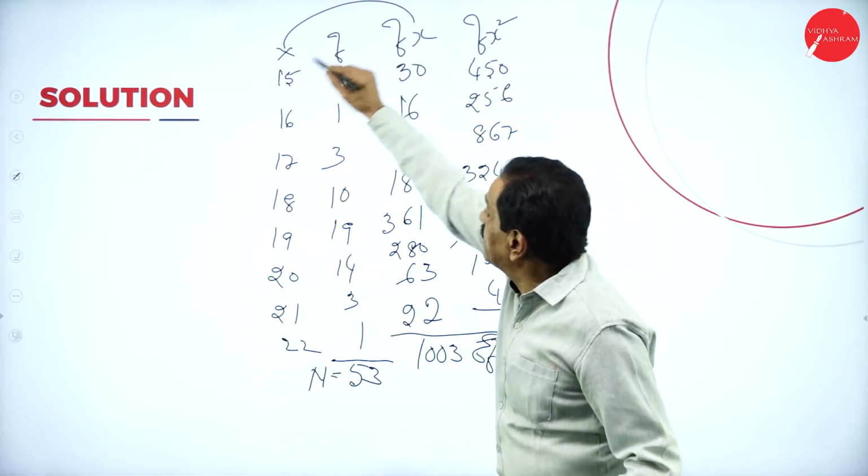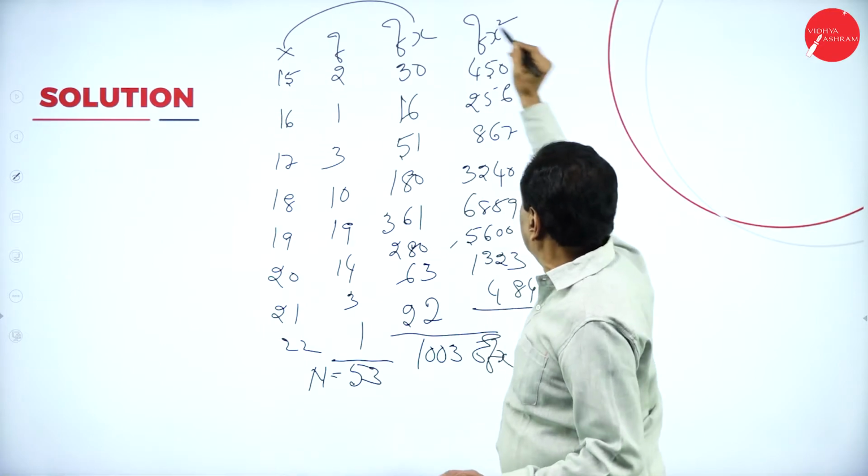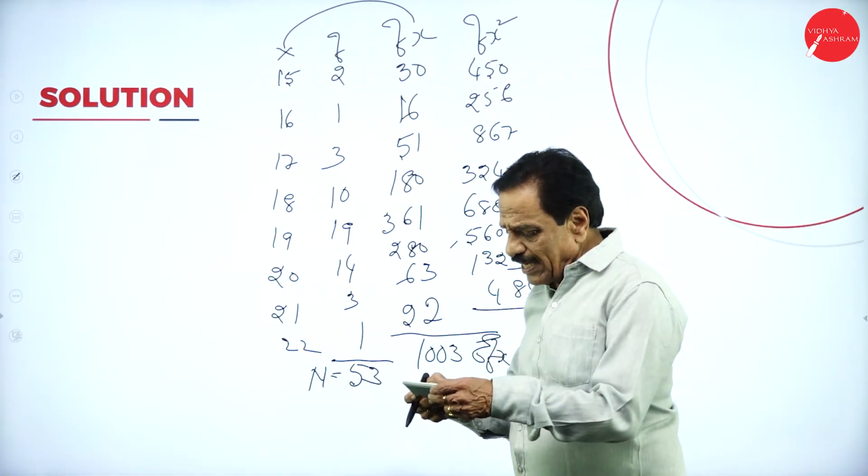What I did: fx square means fx into x. I multiplied that, and we got these values. So we'll add the figures one by one.